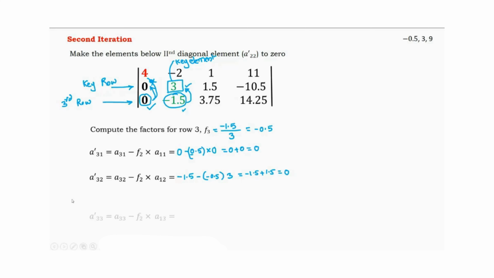Now next, third, A33. This is 3.75. 3.75 minus of minus 0.5 into the corresponding element from the key row, which is 1.5. So this is equal to 3.75, 1.5 into 0.5 is 0.75.